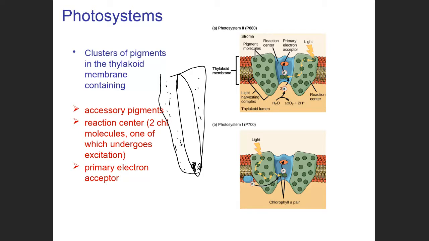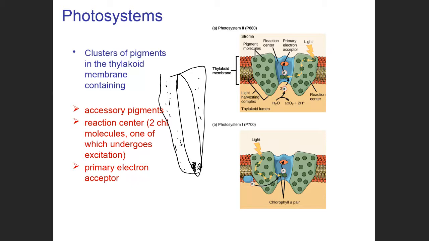But the most important, those photosystems have that pair of chlorophyll A, because I told you, Engelmann discovered that chlorophyll A is the most important chlorophyll or pigment responsible for photosynthesis to happen.